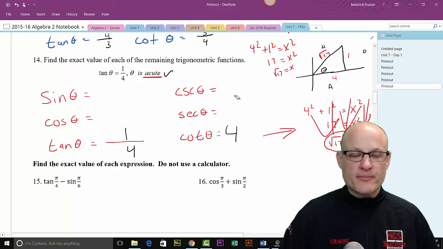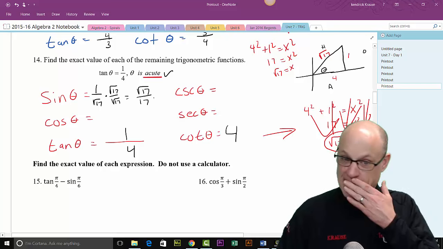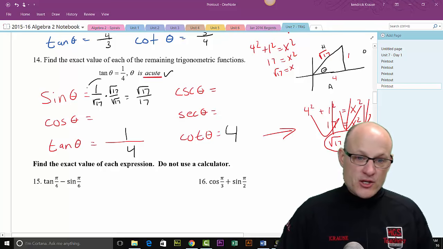So sine is opposite over hypotenuse, which is 1 over the square root of 17, which you have to rationalize by multiplying by the square root of 17 over the square root of 17, and you get the square root of 17 over 17. So that's that answer. Cosecant is just the reciprocal.